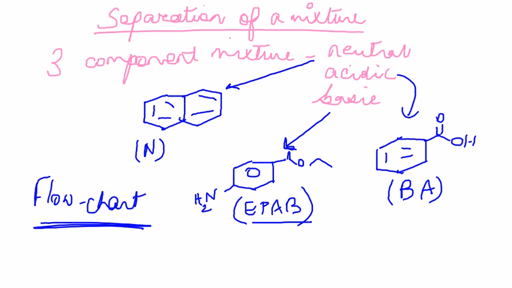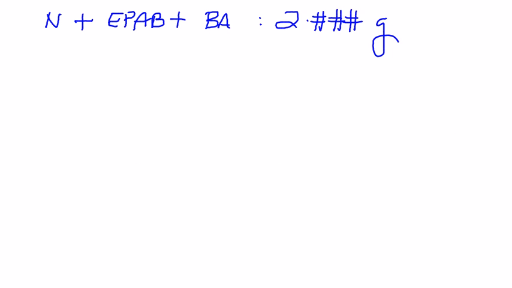So let's begin. What you're going to do is begin with a mixture of naphthalene, the ethyl para-aminobenzoate, and benzoic acid. All three of those have been mixed by us in a specific ratio, and you're going to take 2 grams of that mixture. Now the reason why I wrote this as 2 point number, meaning it's a number close to 2, you should know what that number is.